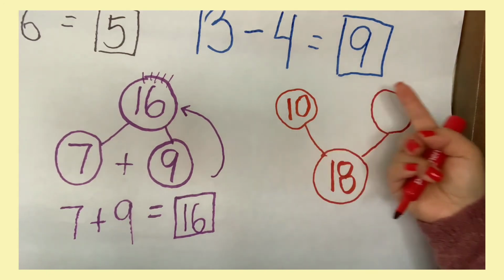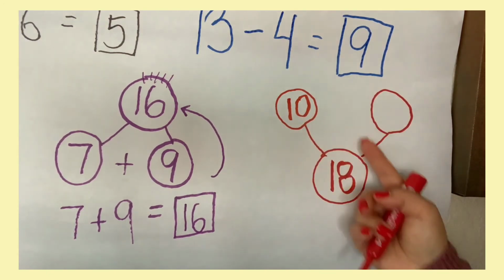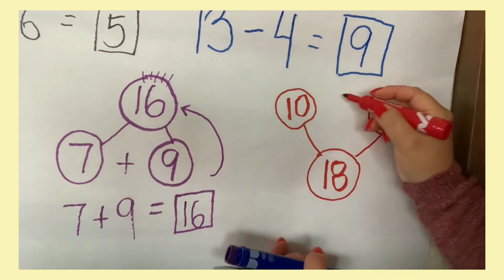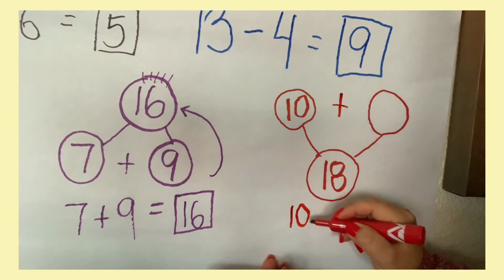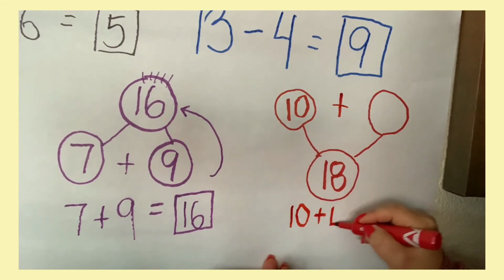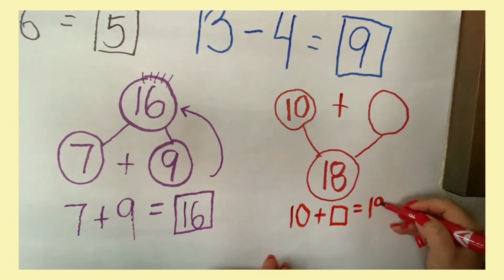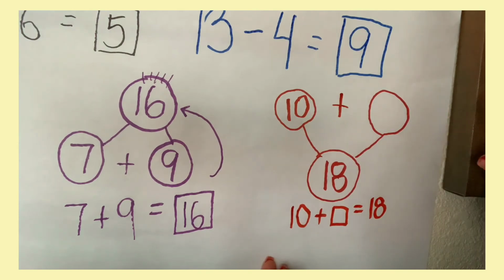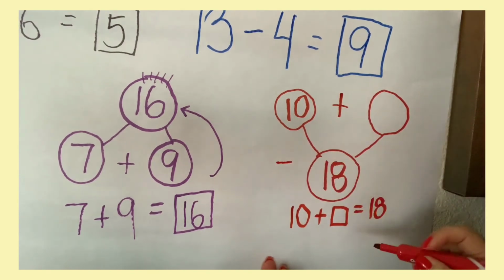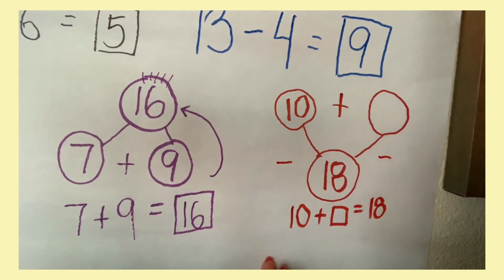I know that these are two parts because they're coming out of one big number. So we could add and say 10 plus something is equal to 18, or we could subtract. Remember, we could subtract this way or we could subtract this way.